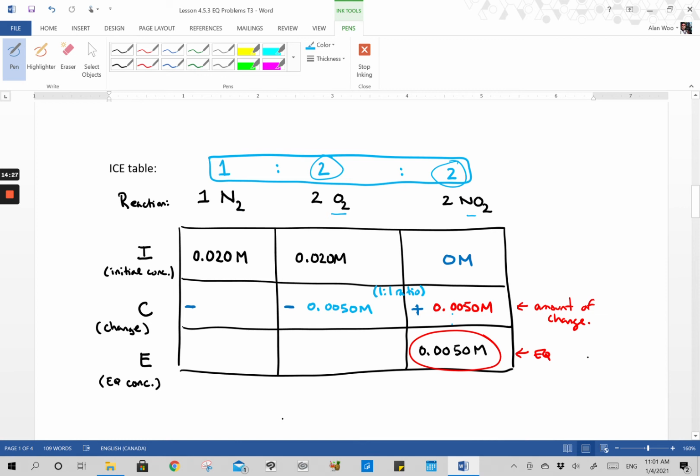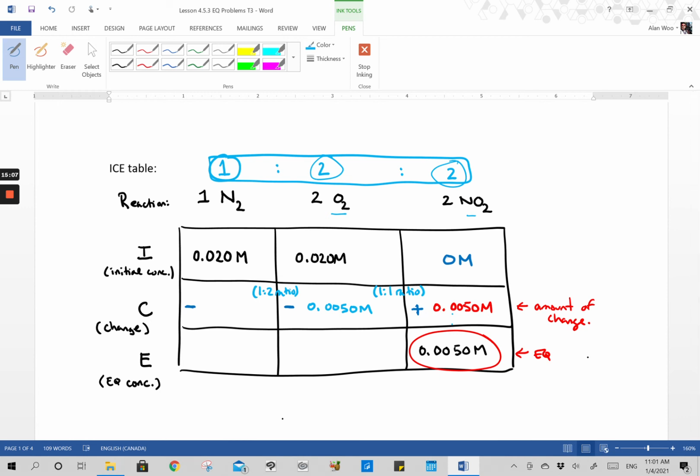Now to figure out the value for N2, we look at the ratio between N2 and O2. It's a 1 to 2 ratio, meaning that you have twice the amount of O2 as you do N2. So a way of looking at it is, you will always have half the amount of change for N2 here. So we're going to have to take 0.005 and divide by 2, or the other way of looking at it is to multiply by 1/2, which is the same thing as dividing by 2.